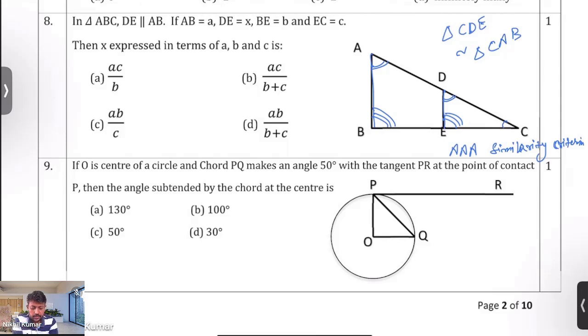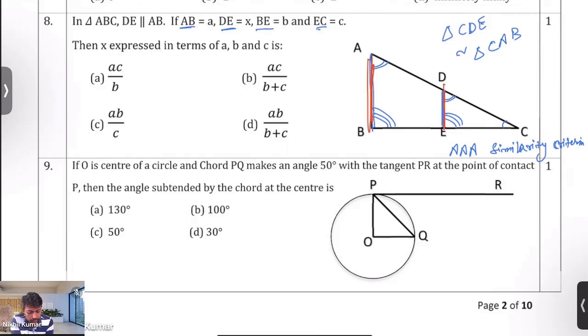Okay, if these two triangles are similar, we have a relation between their sides. The ratio of their side lengths is going to be proportional. We're going to use that property to find out the answer here. AB, DE, BE, these three sides are included, and also EC. What can I tell about the relation between AB, DE?